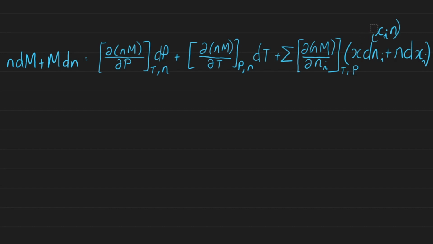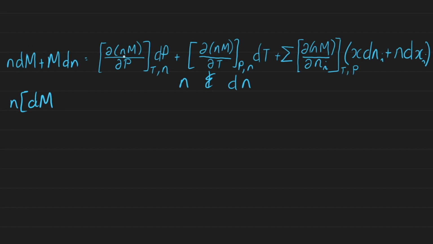So what we're going to do now is gather some of these terms and take some of them as a common factor. We're going to collect n and dn as common factors inside of this entire equation, both the left and right hand sides. So let's gather n as a common factor. So we have n into, firstly, dM, that's the first term.